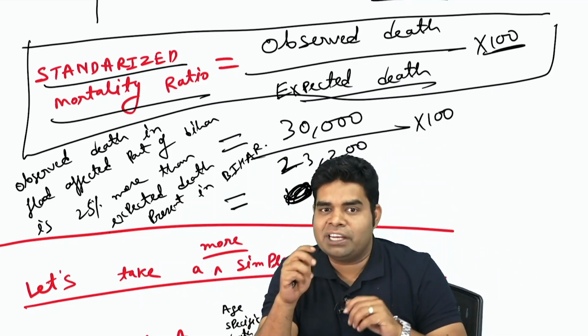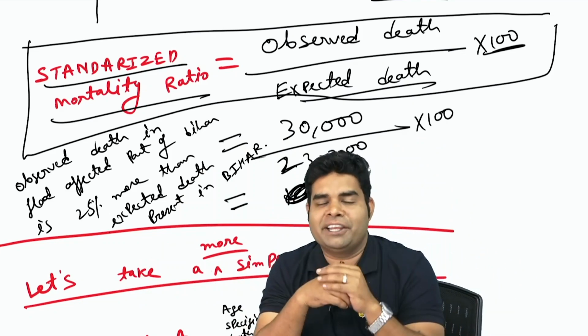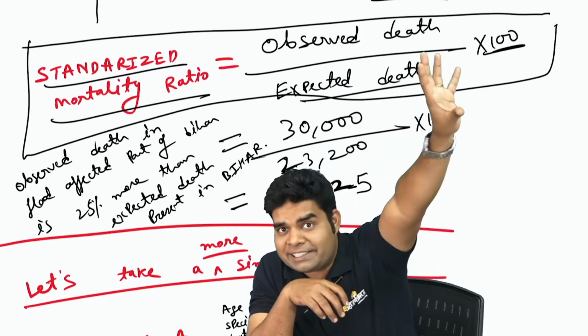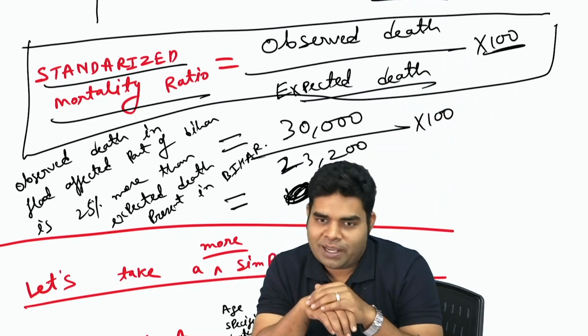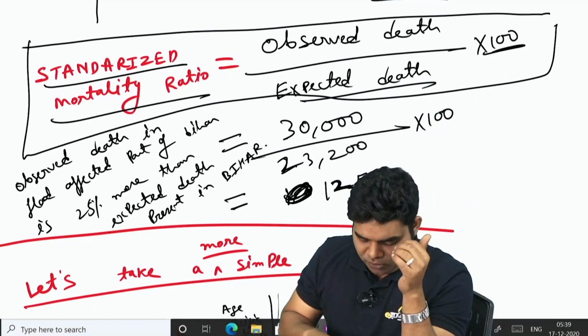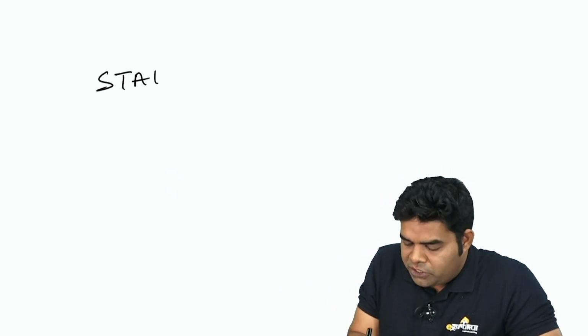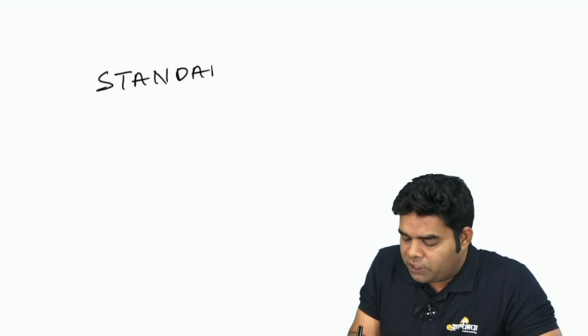Indirect standardization gives us standardized mortality ratio, and direct standardization gives us comparative mortality ratio. Okay. So I really hope that the difference between direct and indirect standardization is clear to you. But let me just summarize it quickly. There are two types of population. One population is a standardized population.